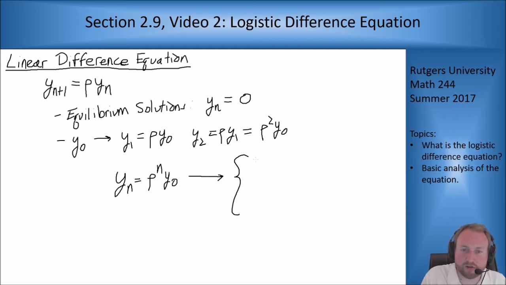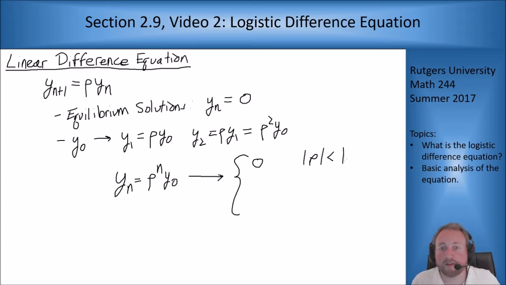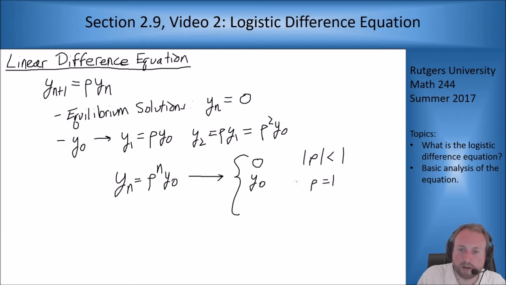Well, this goes to 0 if rho is less than 1, right? Because if rho is less than 1, I'm taking higher and higher powers of something less than 1, so it's going to squeeze down to 0. It's going to stay always at y_0 if rho is 1, and it's going to diverge to infinity if rho is bigger than 1.